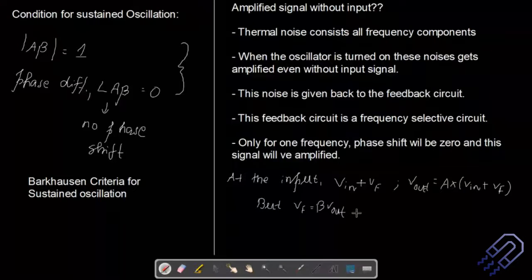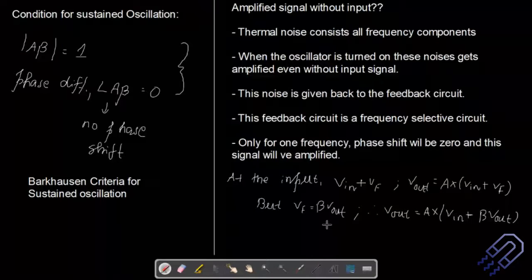Therefore, V out is equal to A into V in plus Vf, and we can write Vf as beta into V out. So V out equals A into (V in plus beta V out). This derivation is important. Please take care of this.